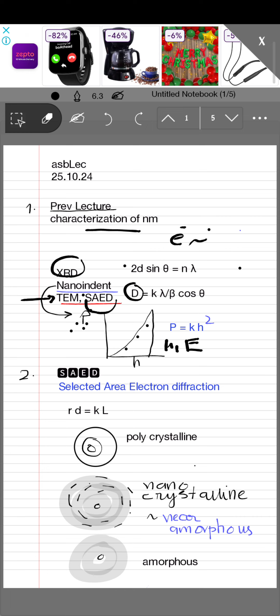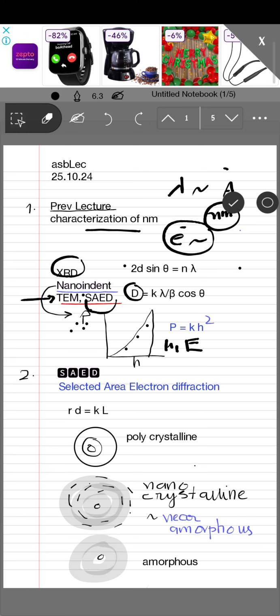Since the electron has both wave and particle nature, if you look into the wave nature of the electron, the electron wavelength is extremely low, of the order of Angstrom, so that matches with the nanometric size identification that you would like to have. That is why the electron microscope is used.